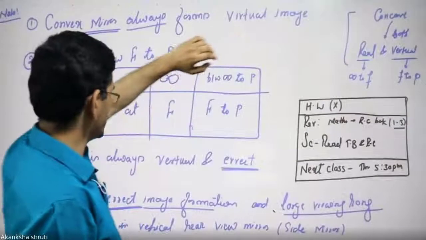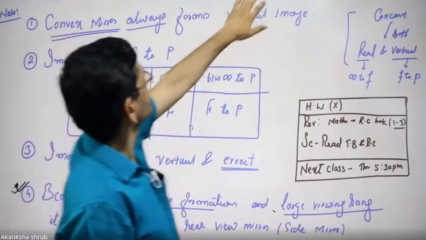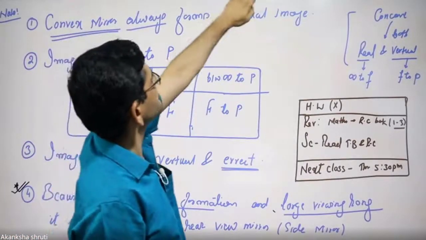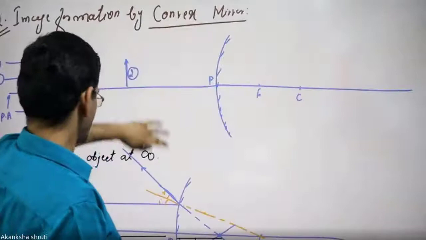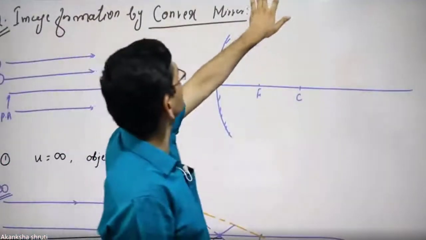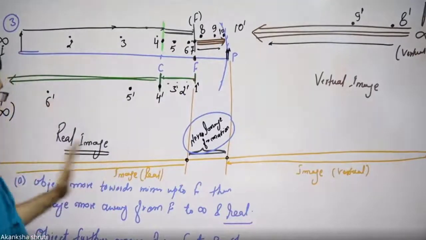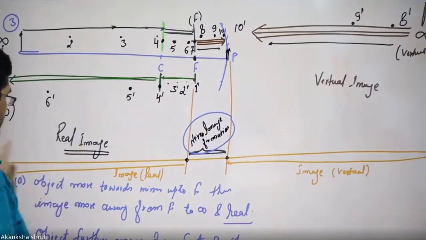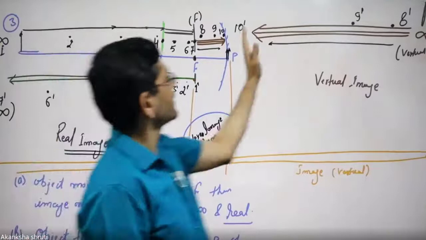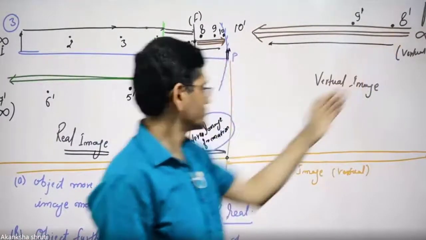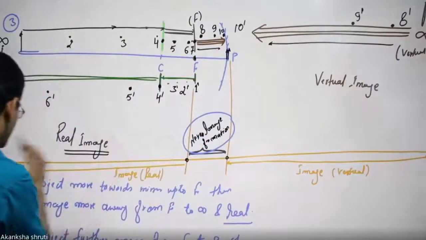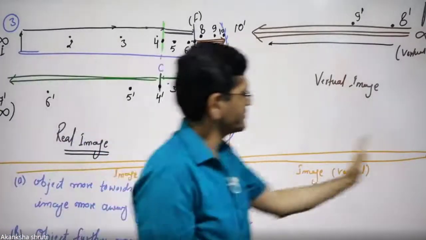You can just quickly see this. I had explained these things, students. Image formation, how is the movement, I had explained. Okay? What could be the possible position for the real image and virtual image? So the image can be in this range or in this range.